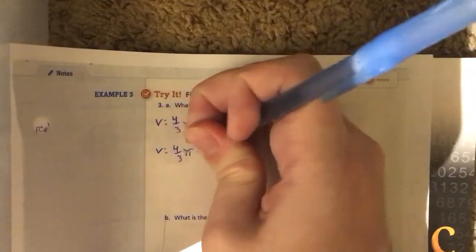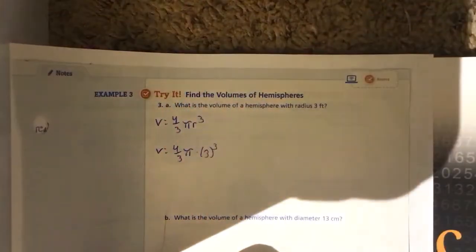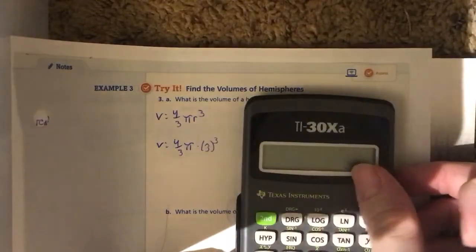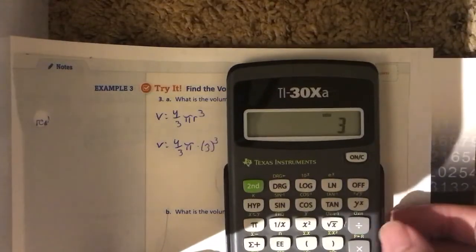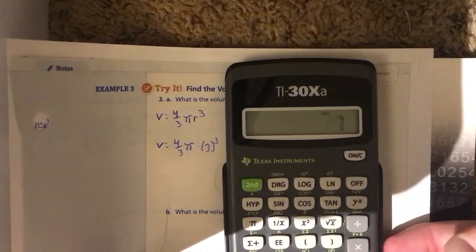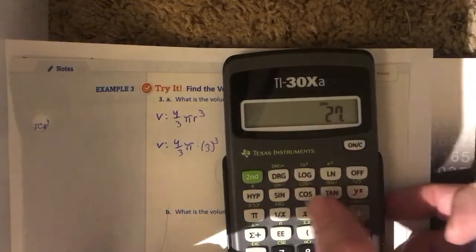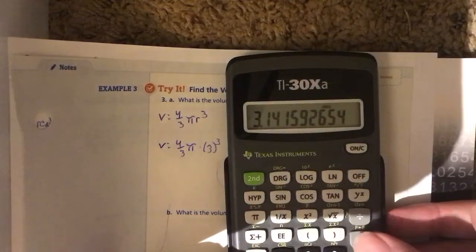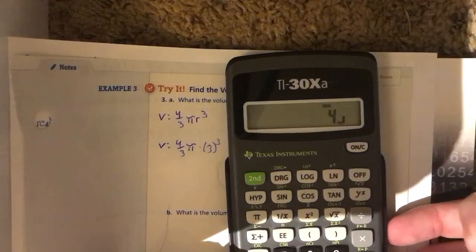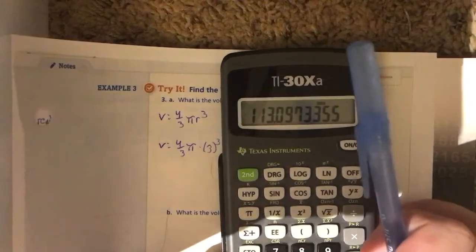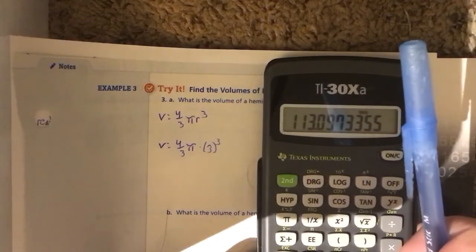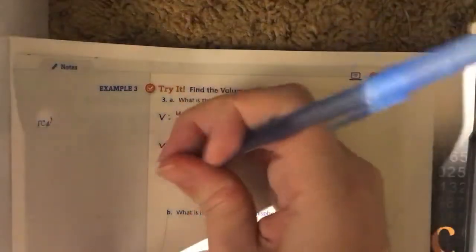In this case, I'm given the radius, so I just substitute it in. And then evaluate. So 3 cubed is 27 times pi times 4/3. And I get 113.097. That's rounded to 113.1.